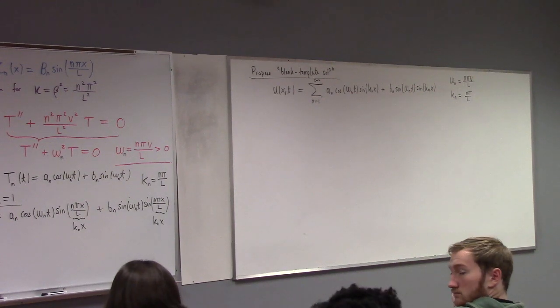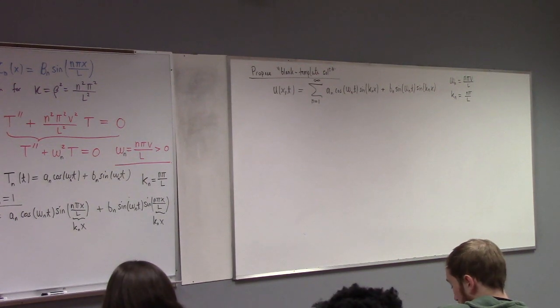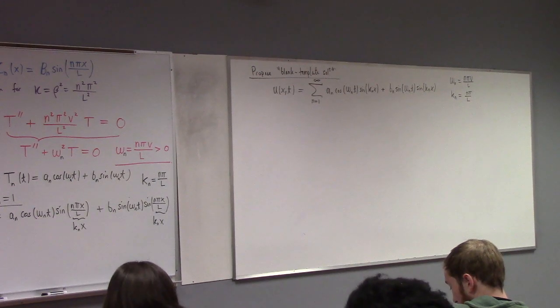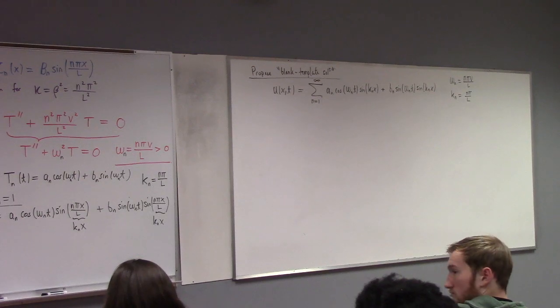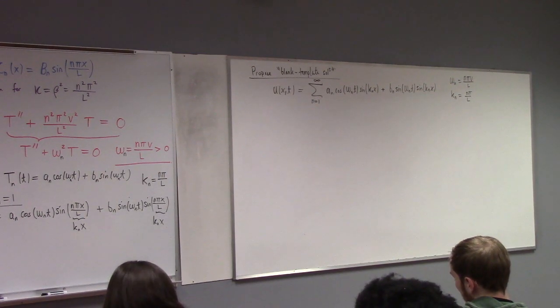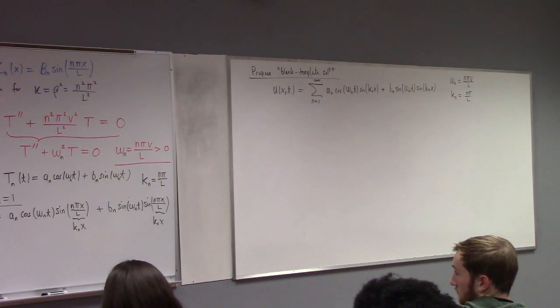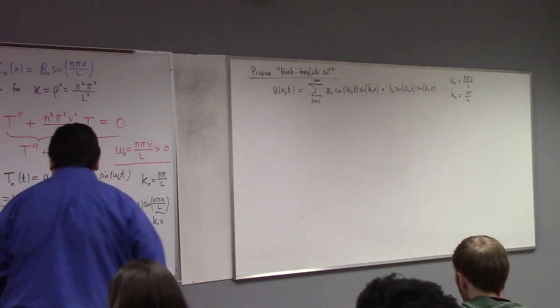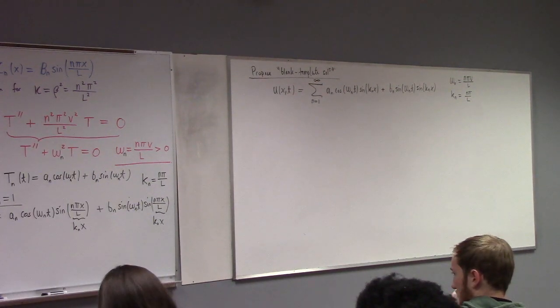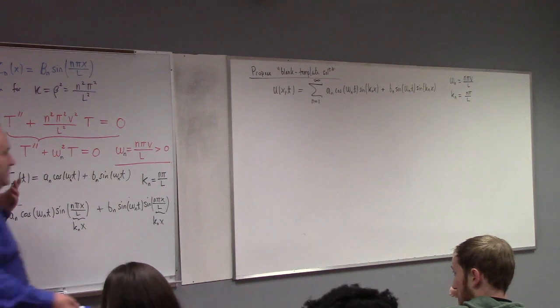Where was I? So you'll notice that we have not yet used the initial position or initial velocity, right? So this whole setup works for any choice of initial position or velocity. Now, we could make one up. All right, let's make it up.